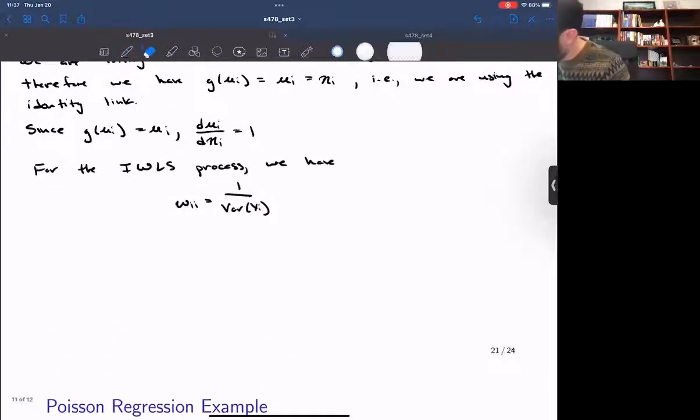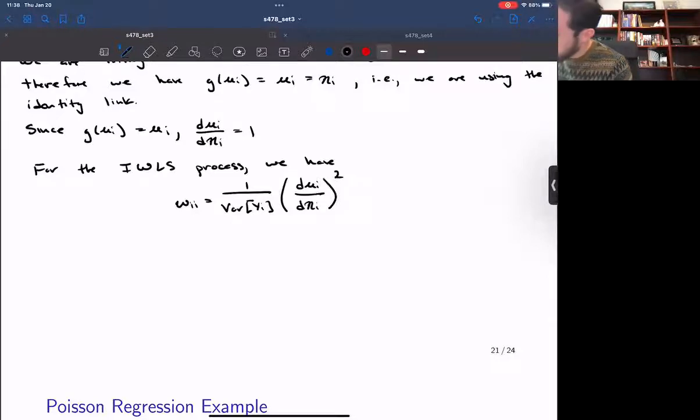So we have, I just want to write this properly, 1 over the variance of y_i, d mu_i d eta_i squared.